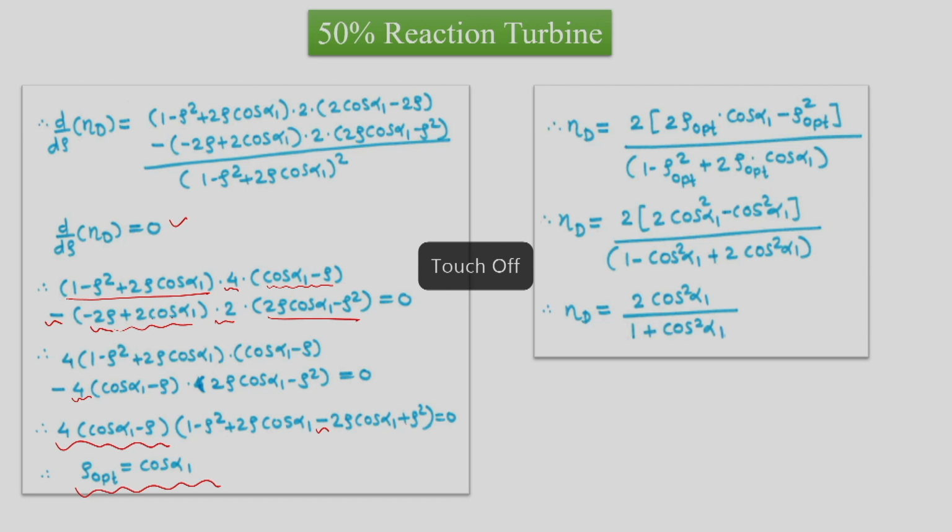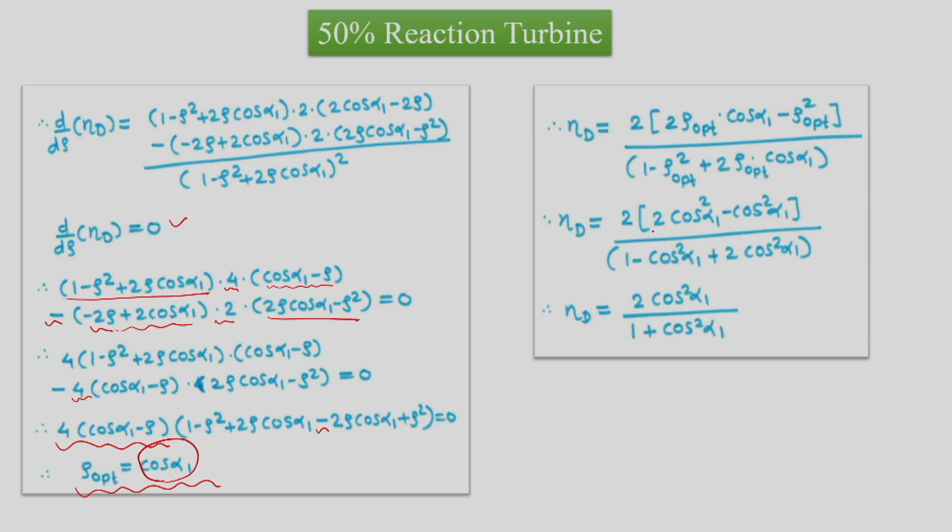Then we can put it into the formula of diagram efficiency, and as per that formula we have 2 into 2 rho optimum cos alpha 1 minus rho optimum square, divided by 1 minus rho optimum square plus 2 rho optimum cos alpha 1. We will replace rho optimum by cos alpha 1.